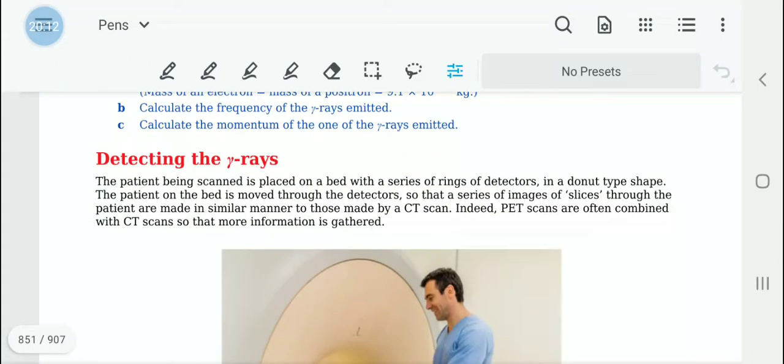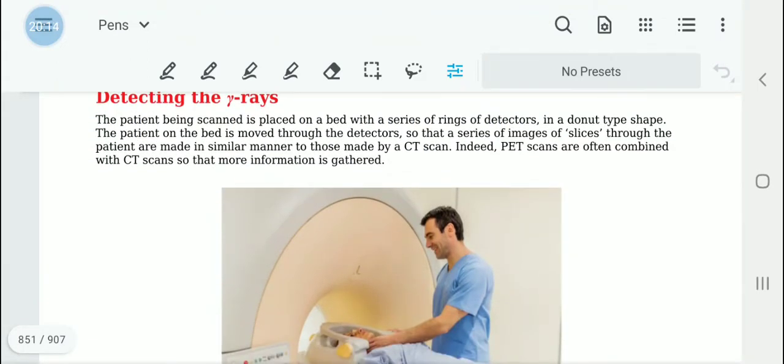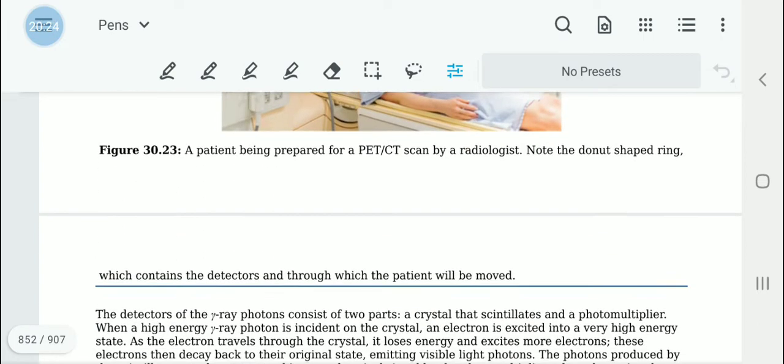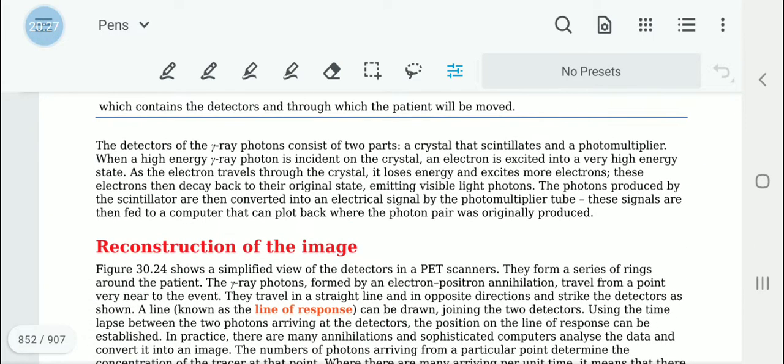Gamma rays are detected by a series of ring detectors, just like in the CT scanners. Gamma ray photons are detected by two parts of the detectors: a crystal that scintillates and a photomultiplier.